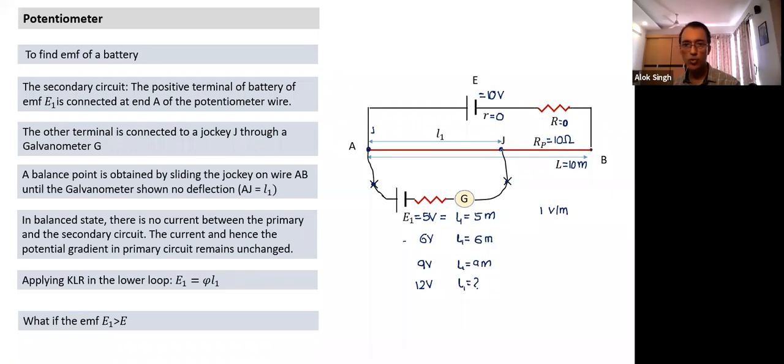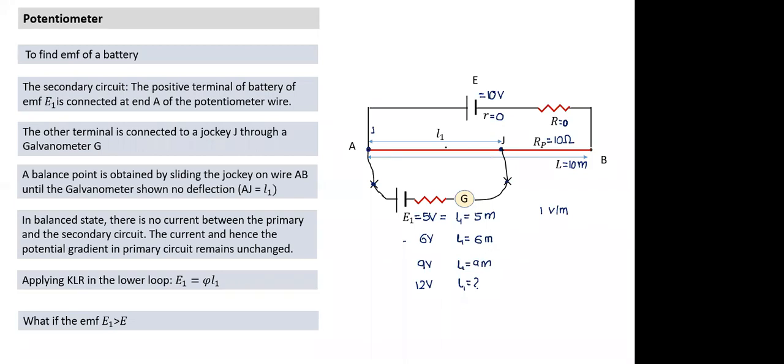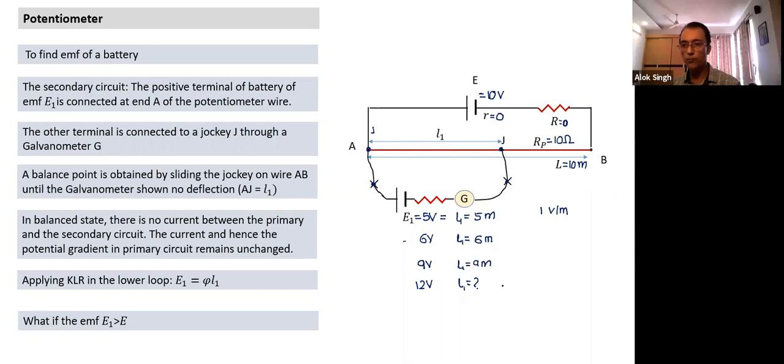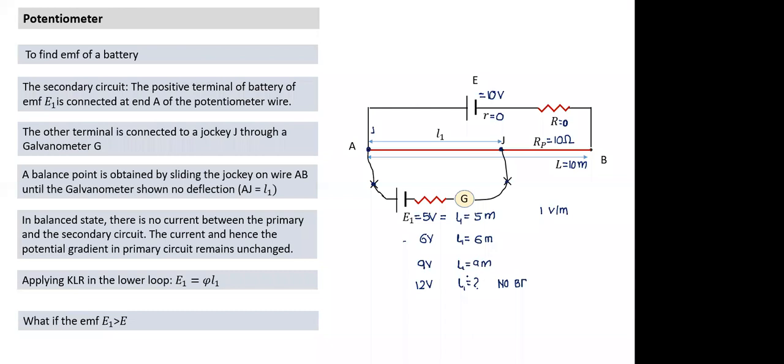So there's no point between A and B such that the potential difference between them will be equal to 12 volts. In this case, no balance point will be formed. Is it understood?